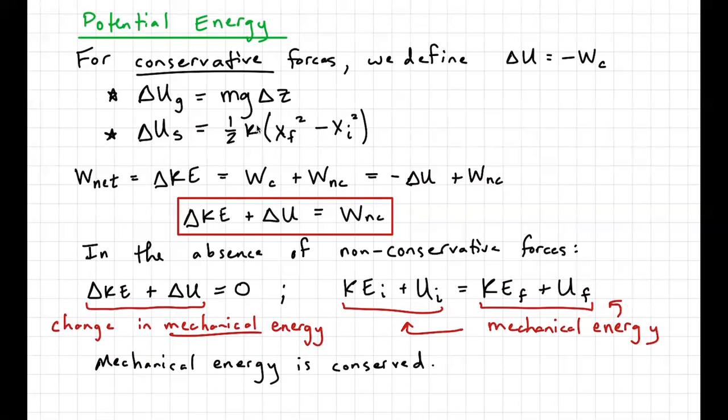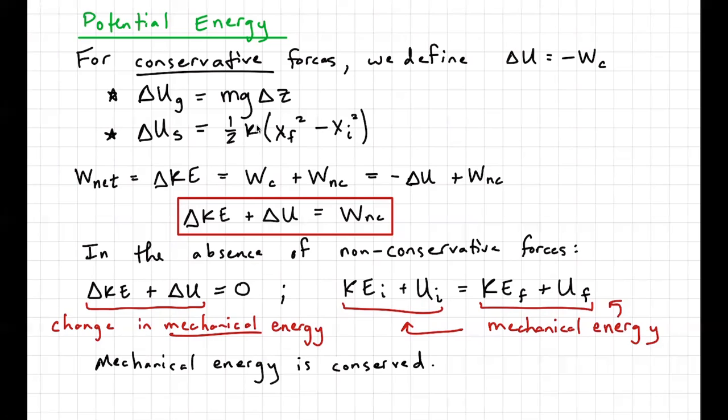So that is the work done by conservative forces counts in mechanical energy. The way to think about what's happening here is that if all you have is conservative forces acting in your problem, then you can always get that energy back out as kinetic energy.